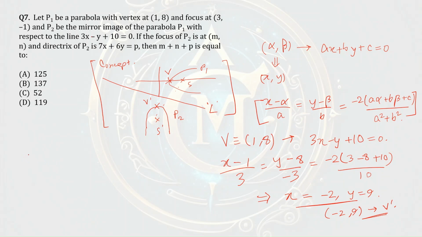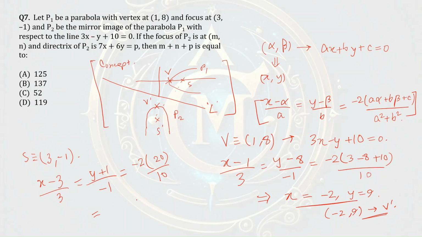Now let us calculate the focus of the parabola P2. So the focus of parabola P1 is at (3, -1). So we apply the formula here. Sorry, this would be -1 and this will be -2 times. We substitute this point in the equation of the line. It becomes 9 + 1 + 10, so 20 divided by 10.